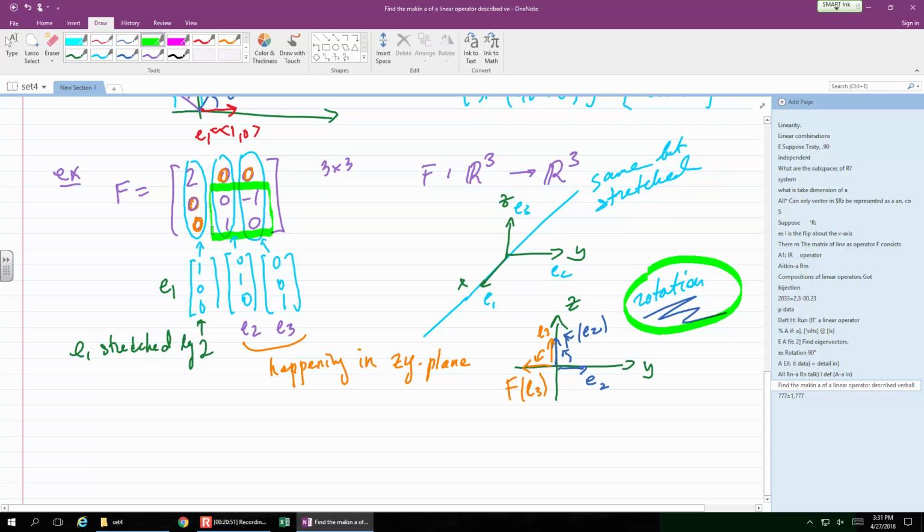This is the familiar matrix of rotation of 2 by 2. When it's 2 by 2, that's what a rotation looks like. A rotation of 90 degrees, let's be clear here. And then we discovered that indeed it is really not by accident, but because everything is happening within the x-axis separately from the y-z plane.